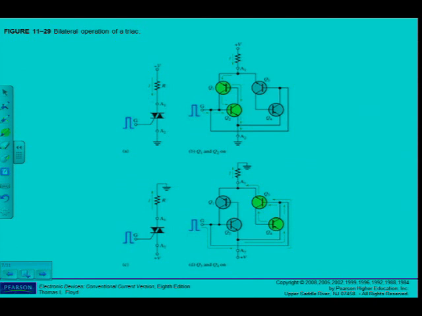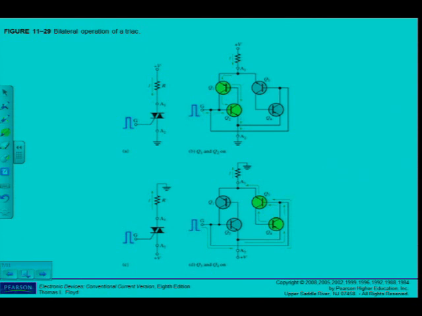Transistor equivalent circuit in part B shows that Q1 and Q2 conduct when a positive trigger pulse is applied. In part C, terminal A2 is biased positive with respect to A1, so that the triac conducts as shown. In this case, Q3 and Q4 conduct as indicated in part D upon the application of the positive trigger pulse.